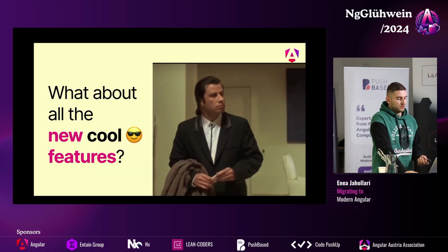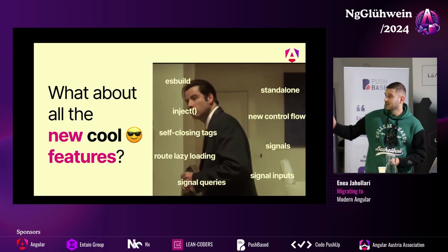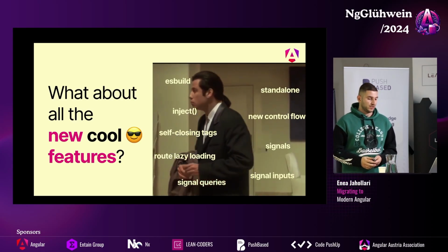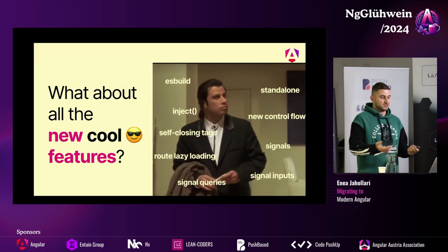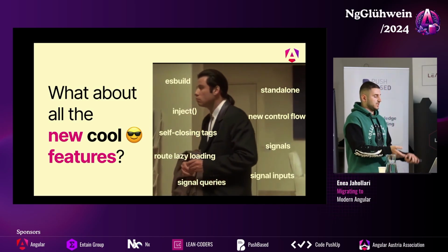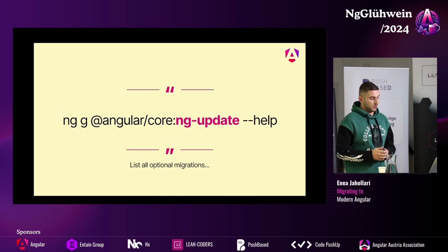But what about all the new cool features? And I mean cool with ESBuild, build tooling, or standalone components, new control flow, signals, signal input, signal queries, route lazy loading, self-closing tags, inject, and a lot more.